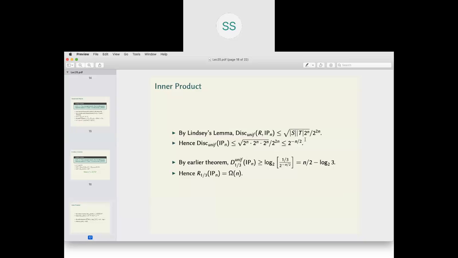And thus we get the discrepancy of a rectangle R, and by taking the maximum values for S and T, you get the upper bound for the discrepancy of the entire matrix, of any submatrix. And this is straightforward. So, like that, we have proved the application using the discrepancy technique. We have proved that the randomized complexity of inner product is linear.